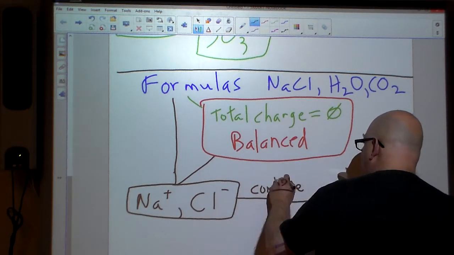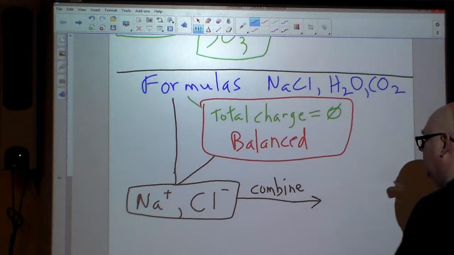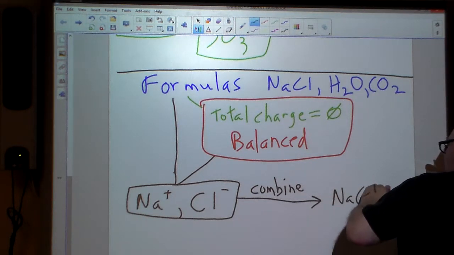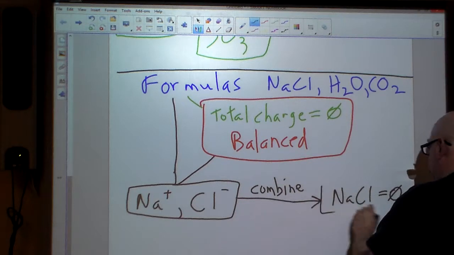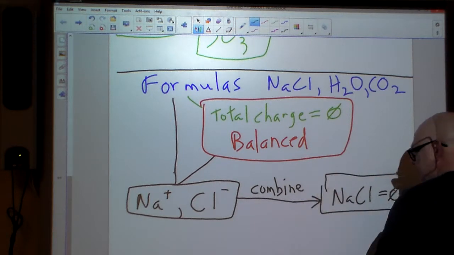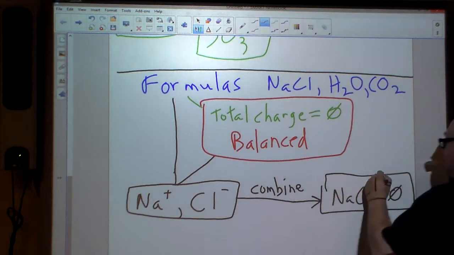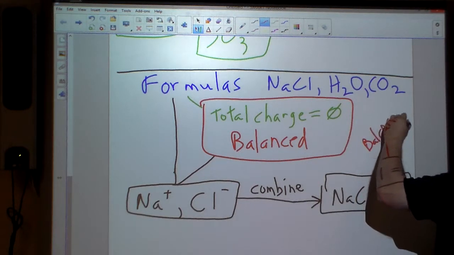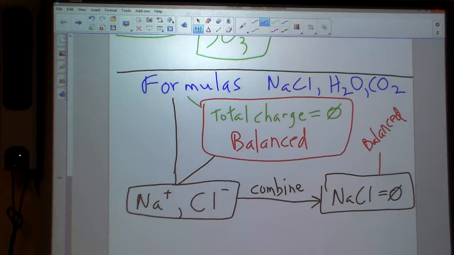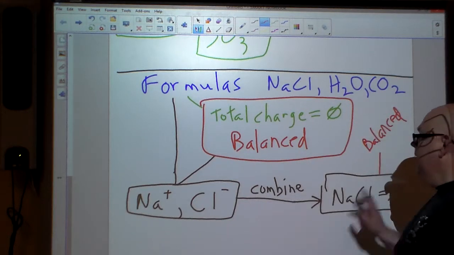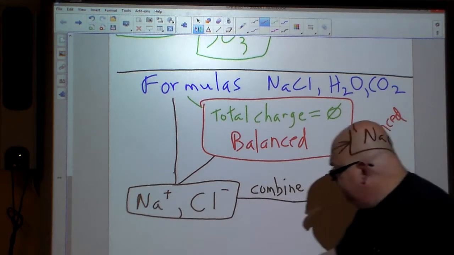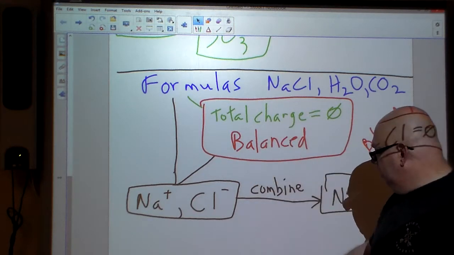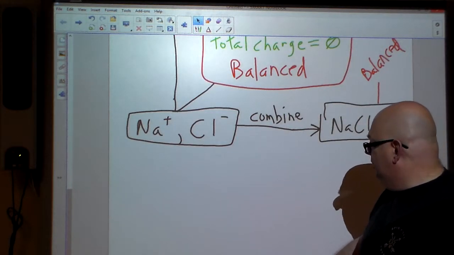We'll talk later about how they combine, and then we end up getting NaCl with a 0 charge, and it's balanced. Yay! That's the idea. It's balanced. That's the whole point, and that's pretty much a good point about formulas.